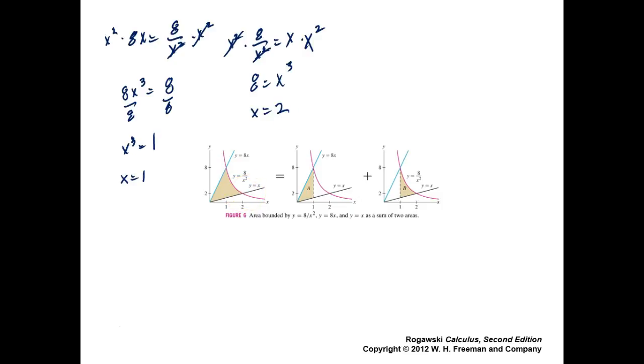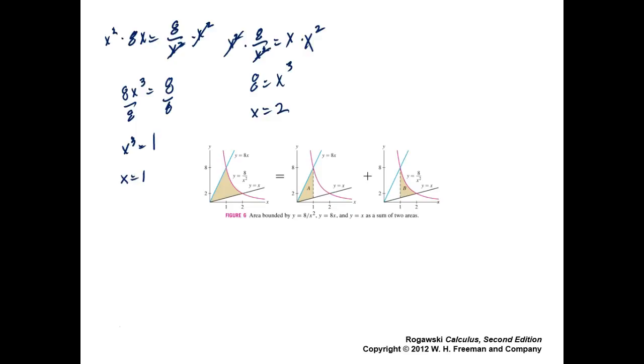Now, if you're doing the area enclosed by those three curves, you do the first part from 0 to 1. Oh, and the other one is the opposite of x.